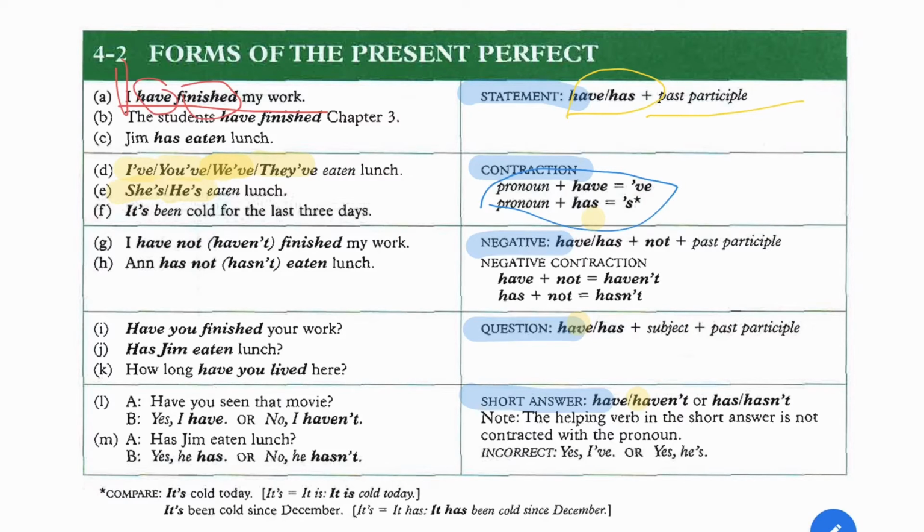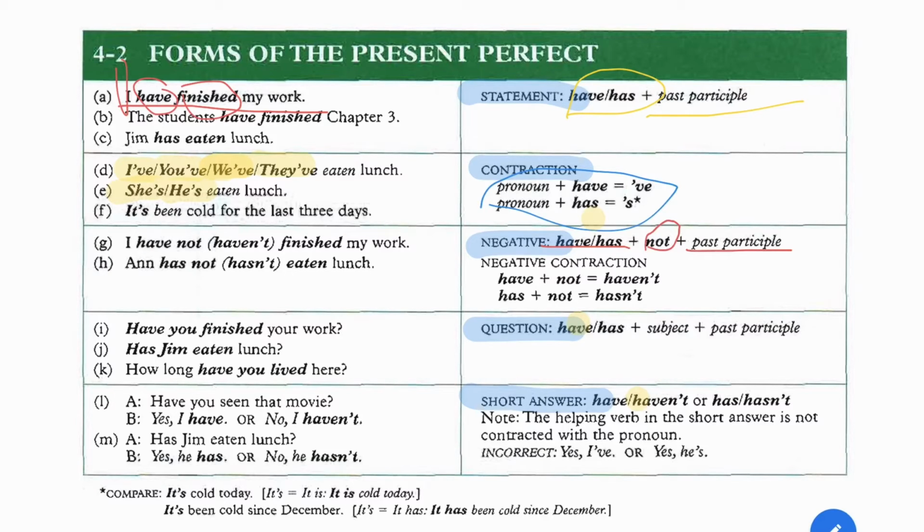To make a negative expression from a statement, not is added after have or has, and then after not, we use past participle. Negative can also be contracted.